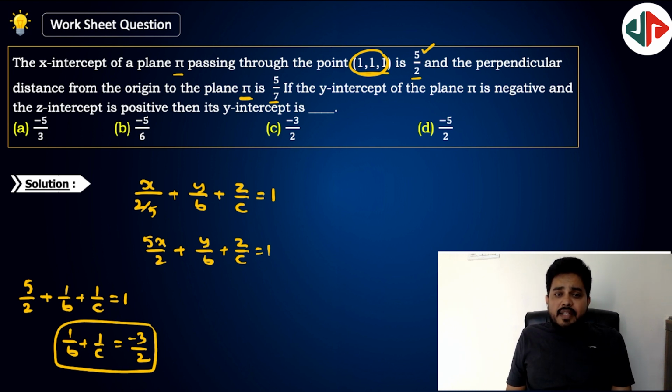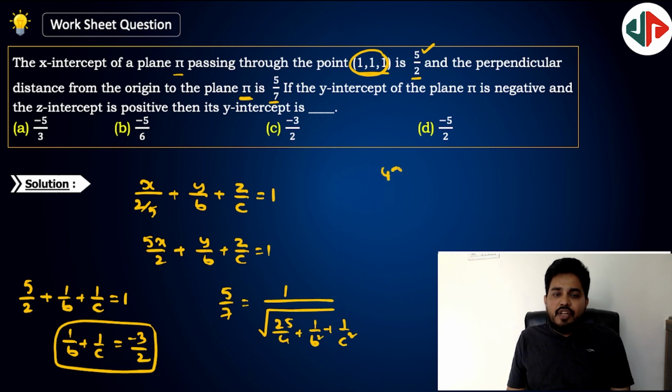Perpendicular distance from origin to this plane, 5 by 7, is equal to 1 by square root of 25 by 4 plus 1 by b square plus 1 by c square.